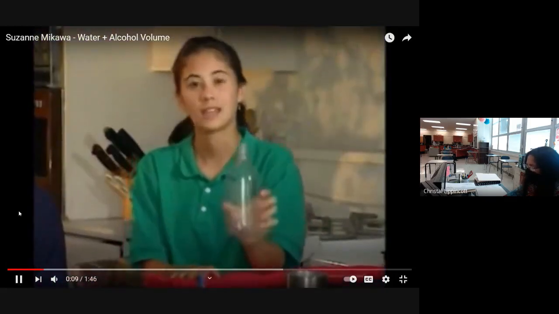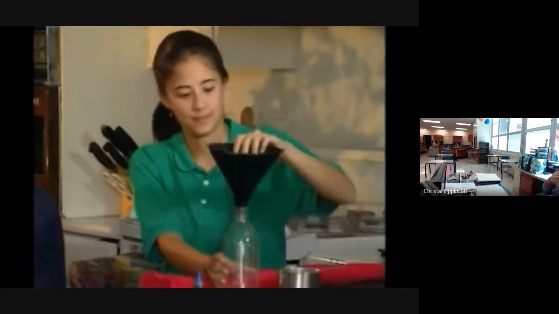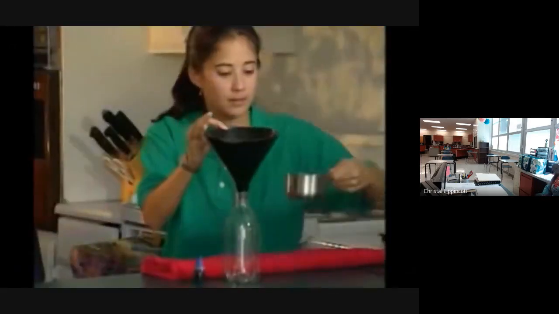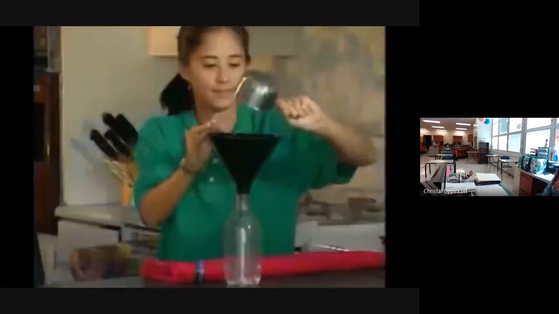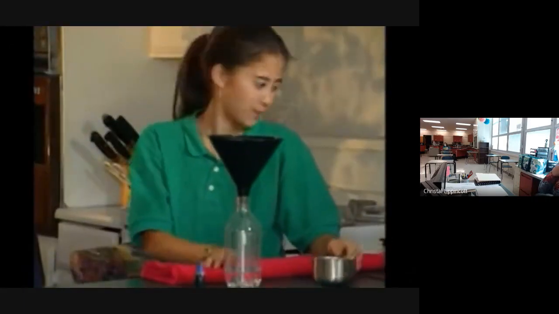All right, let's try Molecules of water. First, take an empty pop bottle and fill it with exactly 1 cup of water. Add another cup of water.